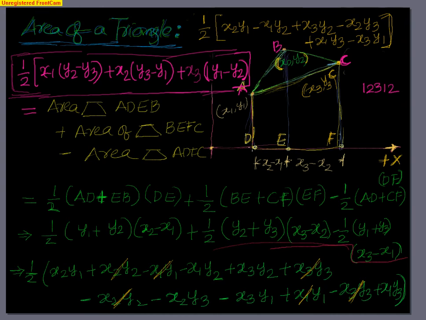I can see that there I can add two trapezoids. I can add this trapezoid and this trapezoid, that is nothing but ADEB and BEFC, and can subtract from ADFC trapezoid to get the triangle ABC.